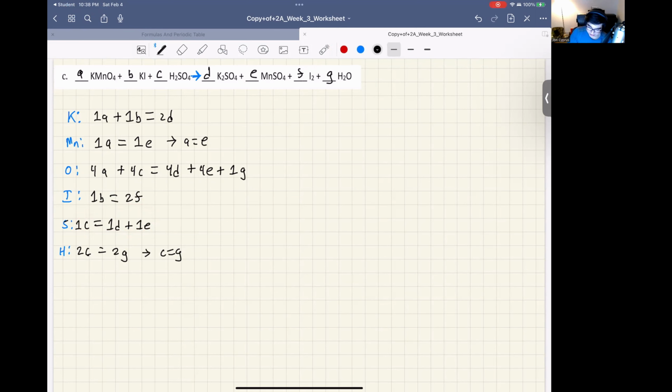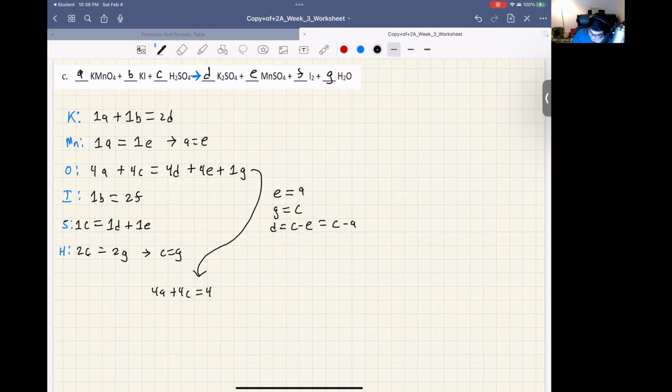So I'm going to bring this down here, where E is equal to A, where G is equal to C, and where D is equal to C minus E. And we know that E is A. So this is C minus A. So we have 4A plus 4C is equal to 4D.